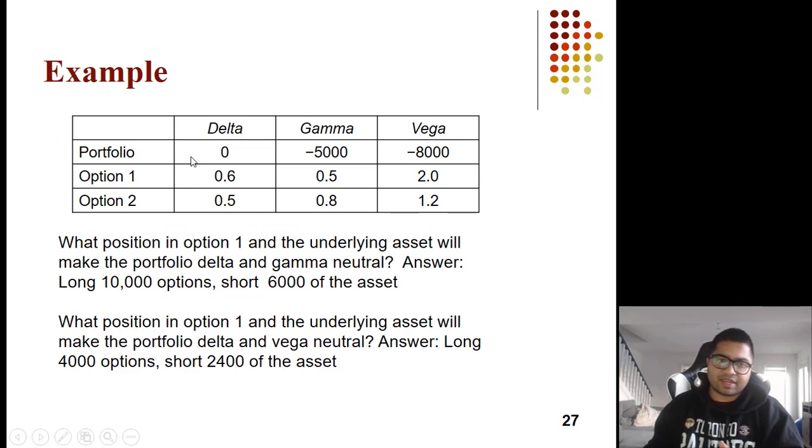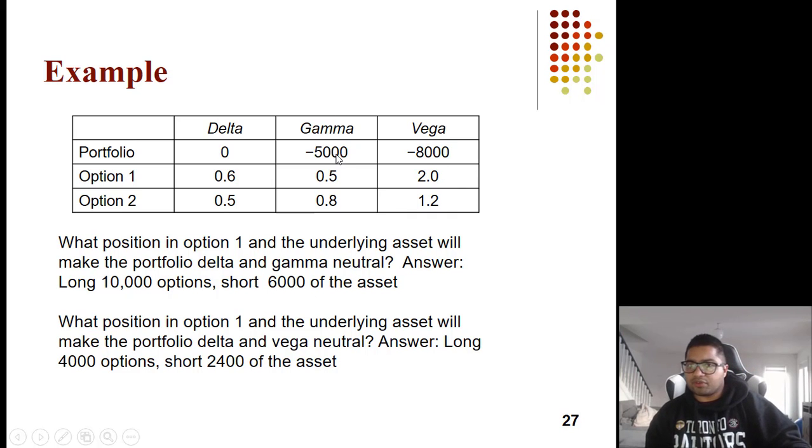So they have given an example. A portfolio has delta of 0, so it is delta adjusted, right? It has gamma of 5,000 and Vega of 8,000. What position in option 1 and underlying asset will make the portfolio delta and gamma neutral? Option 1 has 0.5 gamma and option 2 has 2 Vega.